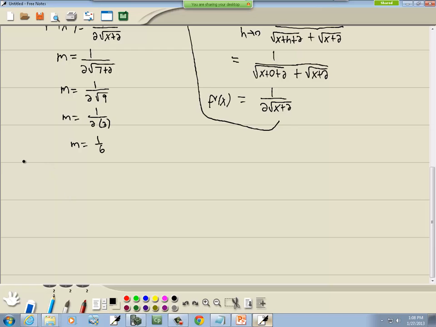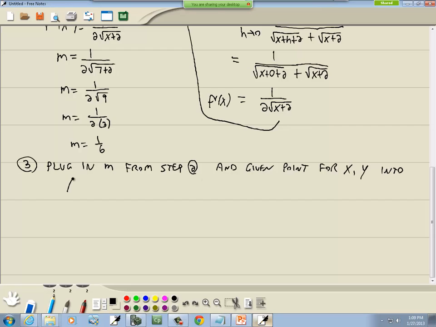And step 3. Plug in the m from step 2 and the given point for x and y into y equals mx plus b, and solve for b. Okay, so we've got y is equal to mx plus b.